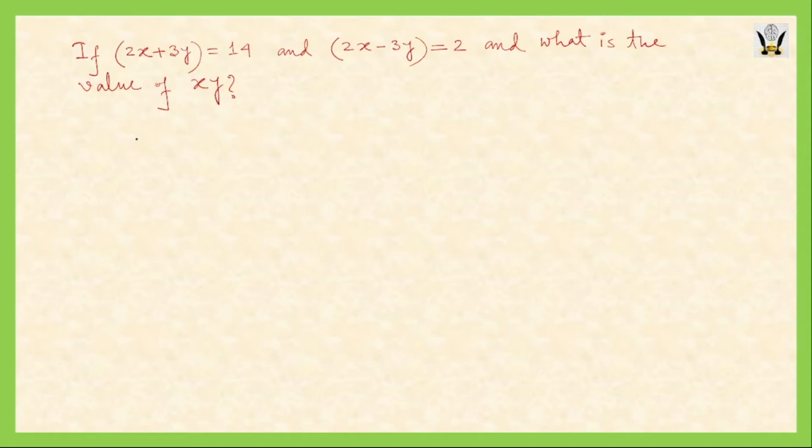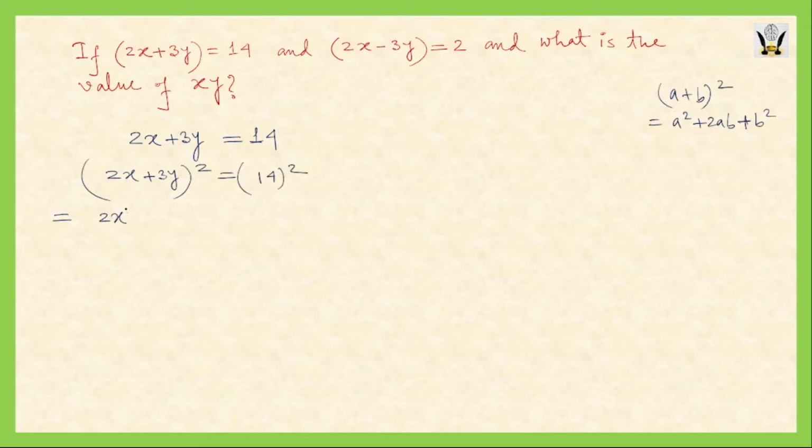So if we proceed this way, 2x plus 3y is equal to 14, we take the square on both sides of this equation. So it will be 2x plus 3y whole square, and 14 square.